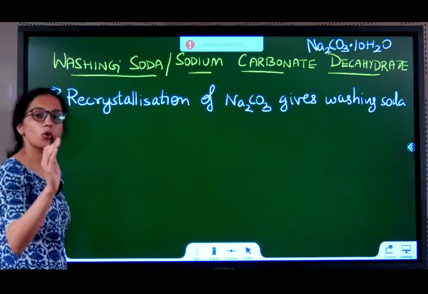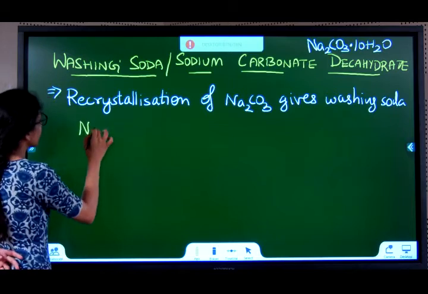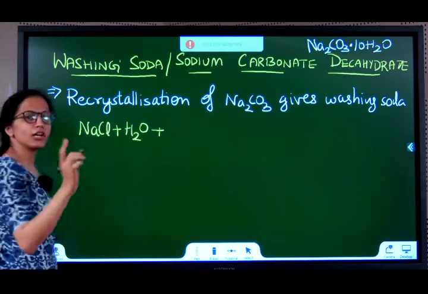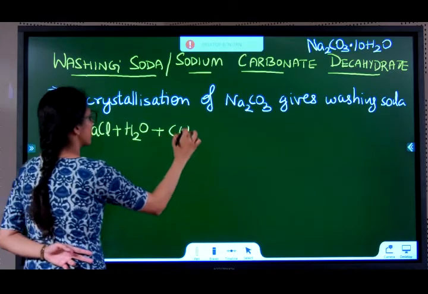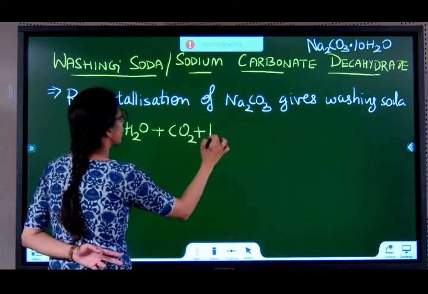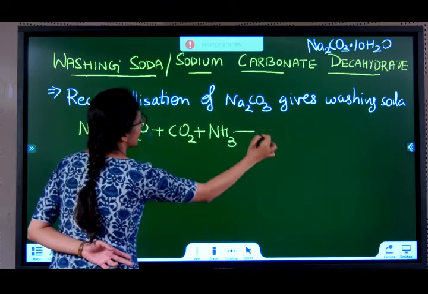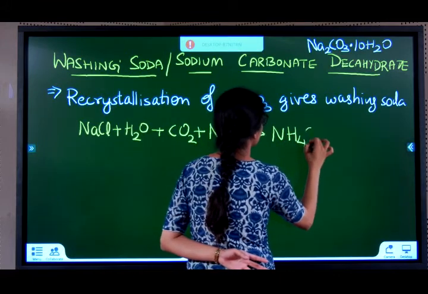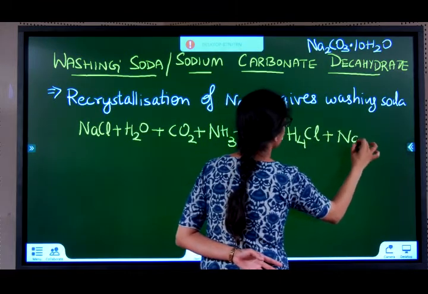First you prepare sodium hydrogen carbonate, NaCl plus water. Pass carbon dioxide gas and ammonia in an aqueous solution of sodium chloride. What do we get? You get NH4Cl along with sodium hydrogen carbonate.